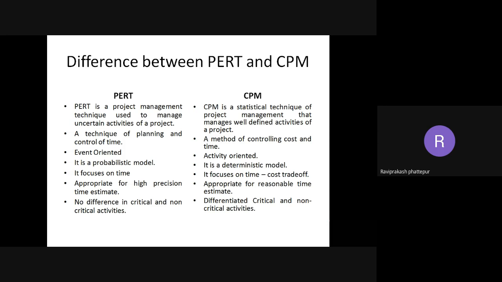There is something called the critical path method. There is a critical path which we need to find out. Those activities which come on the critical path are the critical activities. Others are non-critical. It means those need to be completed but are not that important. These are the PERT and CPM differences.